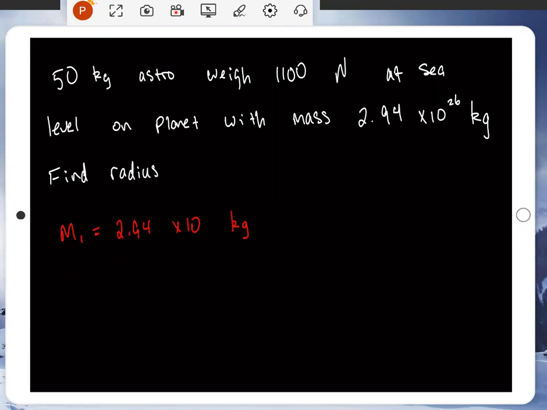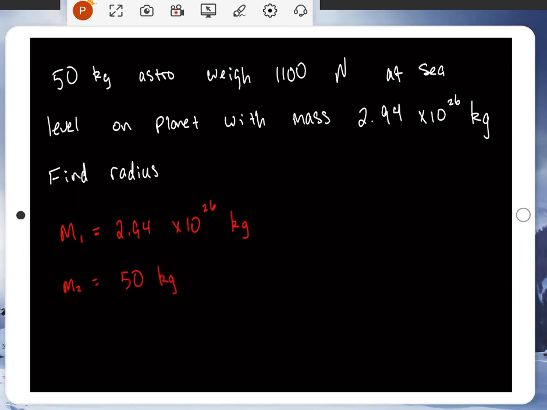What else? Is the second mass 50 kilograms? Yes. And the key here is reading this, but those units always give it away because they're always going to give you those units.